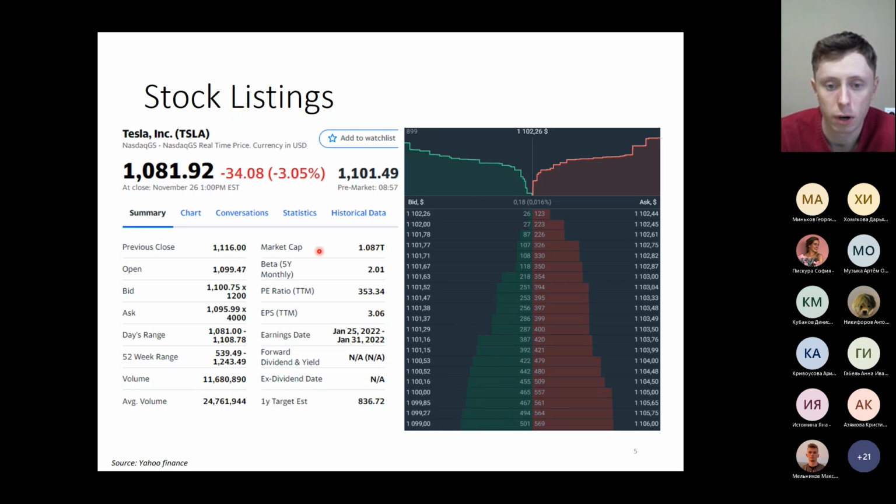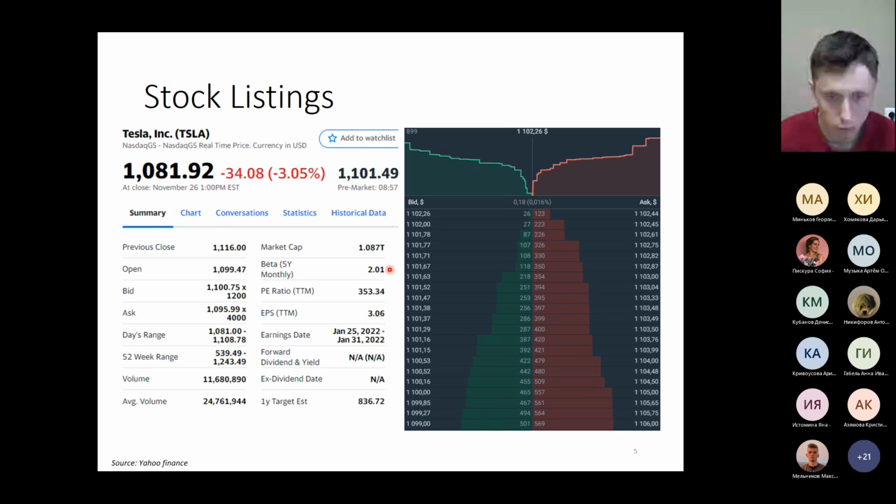Market capitalization, market cap, see this 1.087 trillion. This would be the multiplication of the market price by the total number of the stocks. Beta coefficient. Beta is the estimation of the firm risk within the portfolio. This is something that is worth our attention in more detail, and we will discuss it in subsequent classes of our course.